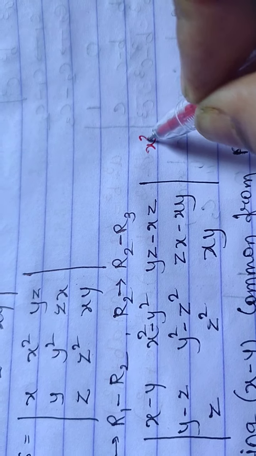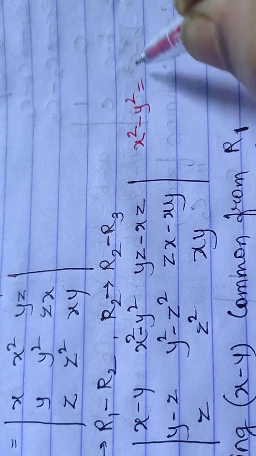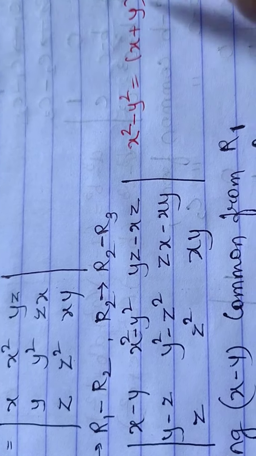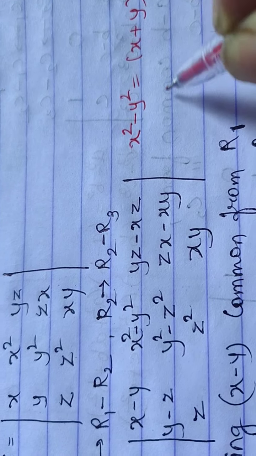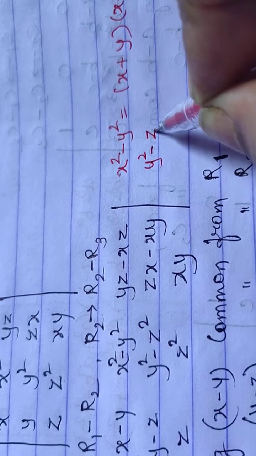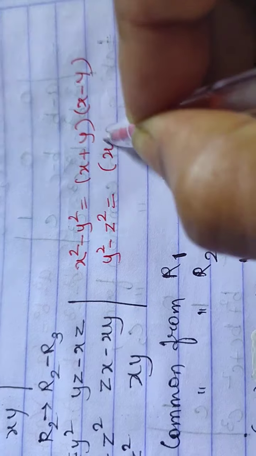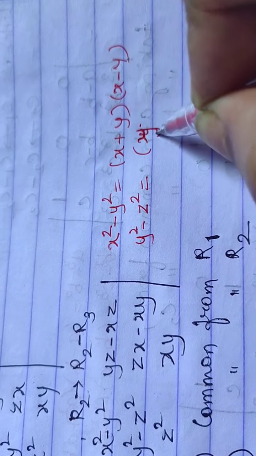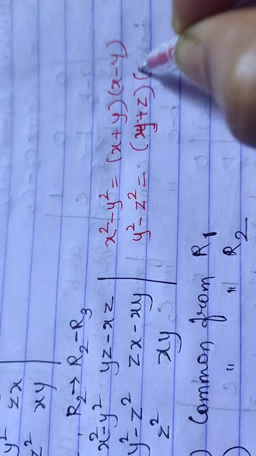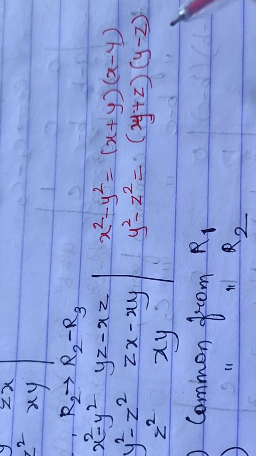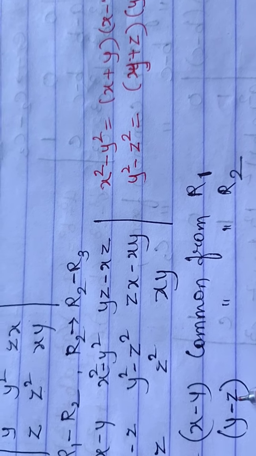I am writing the expansion here: x square minus y square is (x plus y)(x minus y), and y square minus z square is (y plus z)(y minus z). These are the brackets of this expansion.